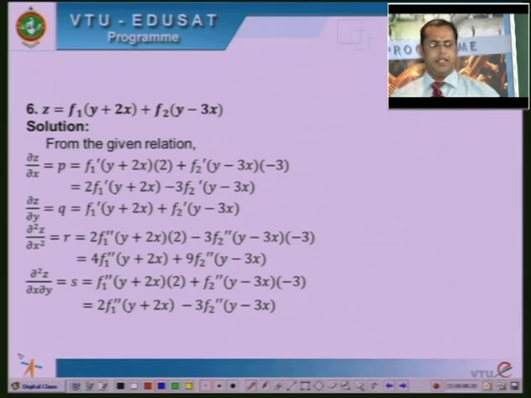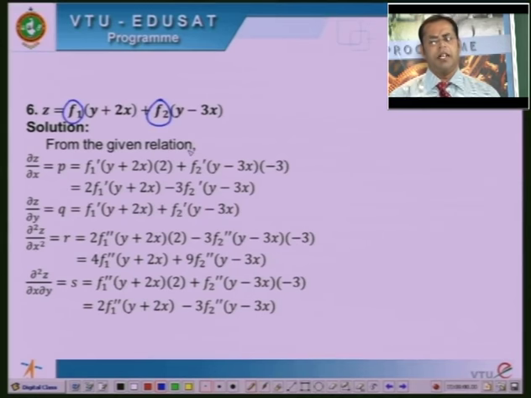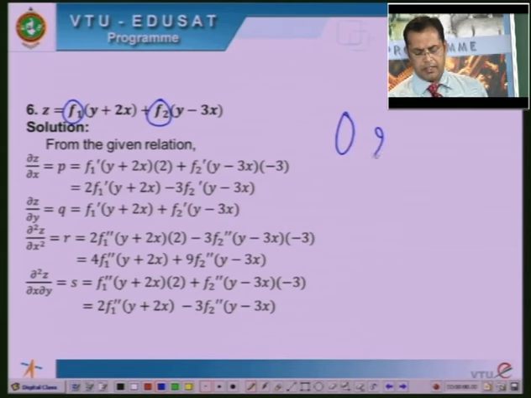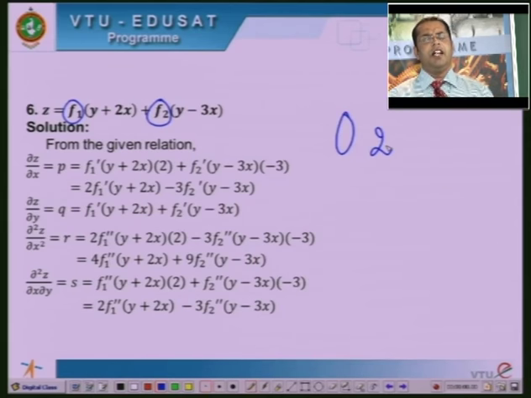The only difference here is that instead of the functions f and g, you need to eliminate the functions f1 and f2. Again, there are two functions, so you should get a PDE of order equal to 2. That means again, you not only find p, q, you also try to find r, s, t and then see what relations will exist between p, q, r, s and t to give you the PDE.